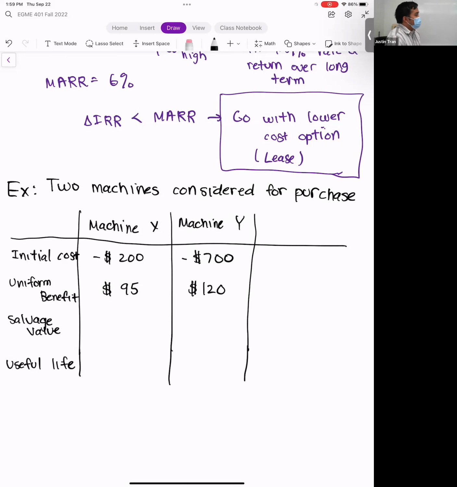The uniform benefit for machine X we'll say is $95, where machine Y will earn you a bit more money each month at $120. For salvage values, we'll say machine X has a salvage value of 50, whereas machine Y will have a salvage value of 150.